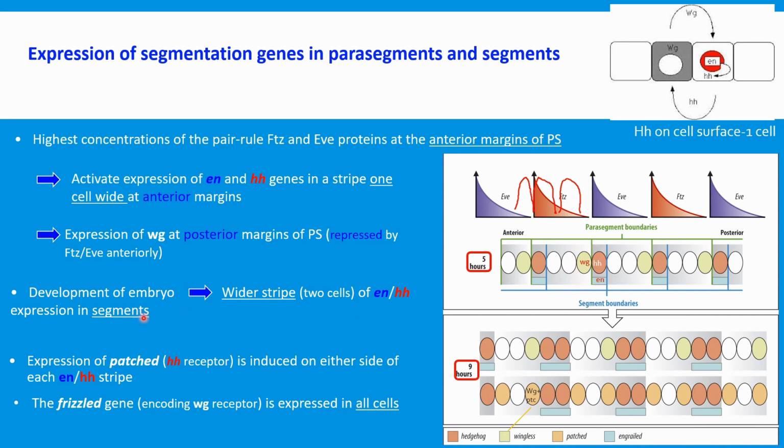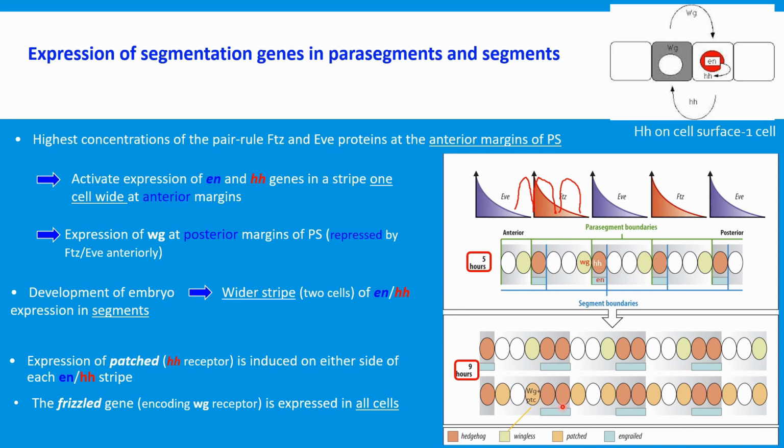As the embryo develops, it goes through some rounds of mitosis in these cells, and we will get then a wider stripe. The embryo is getting bigger, we get a wider stripe, 2 cells thick of engrailed and hedgehog, right? Well, engrailed and hedgehog.